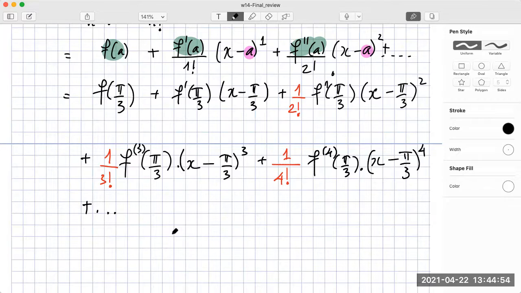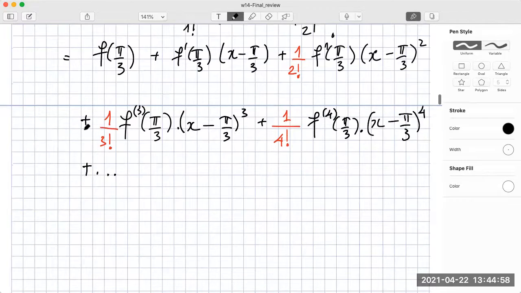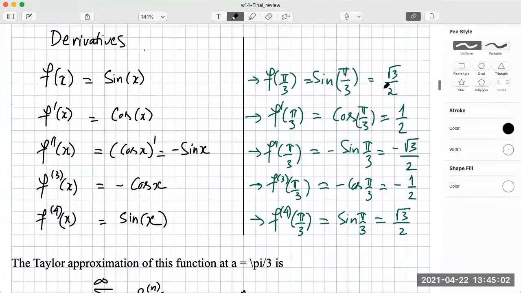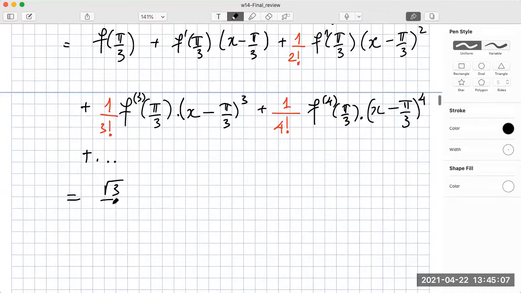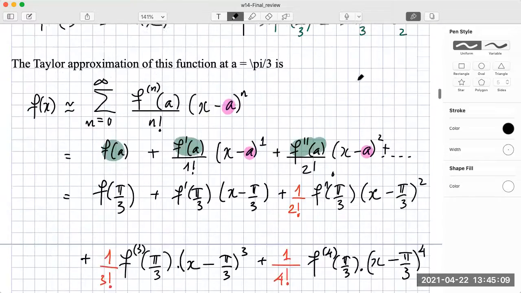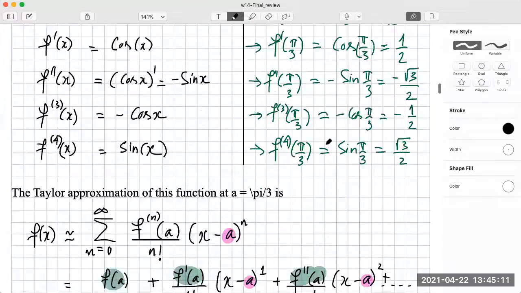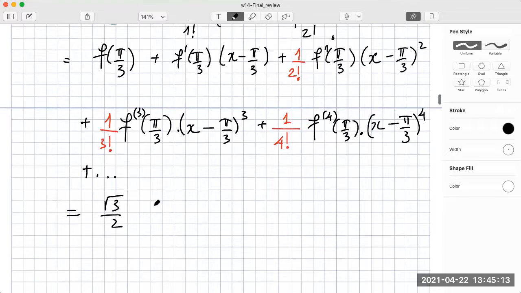Now, we substitute the value we found above to this one. First, f at pi over 3, as we know, that is square root of 3 over 2. Here, f prime at pi over 3, it will be 1/2, right? Times this linear term. What is next?